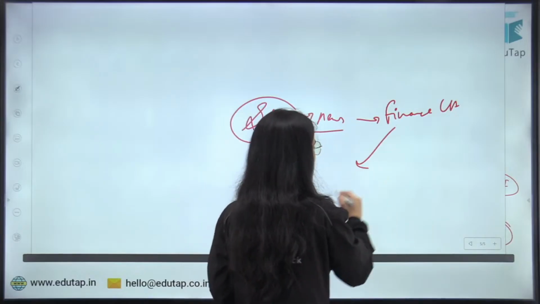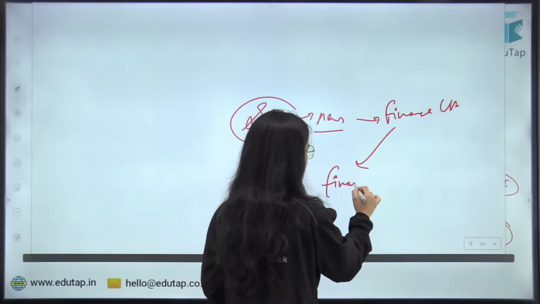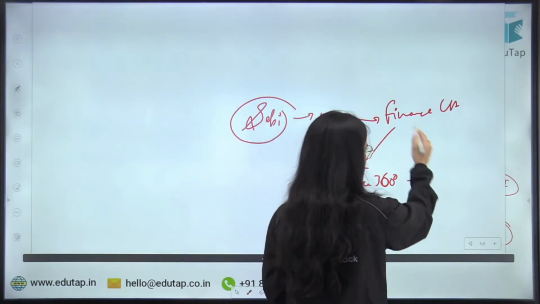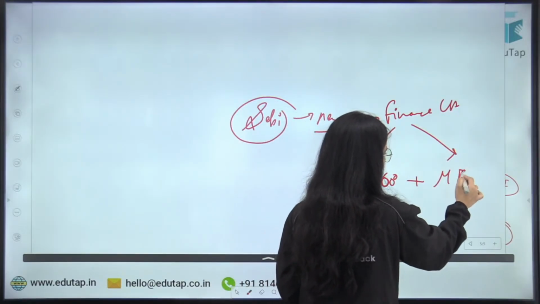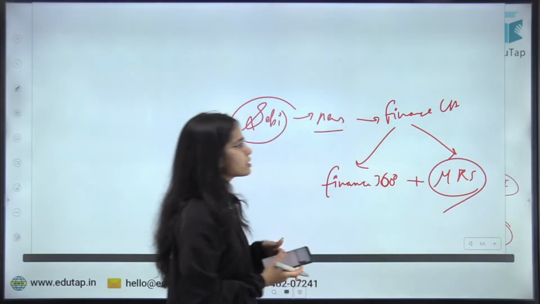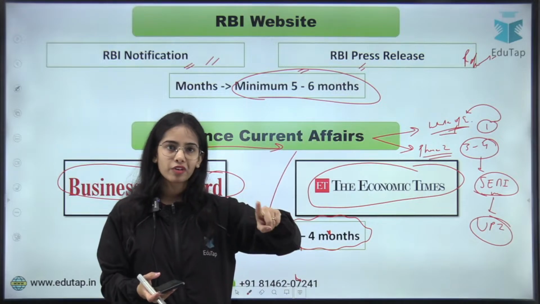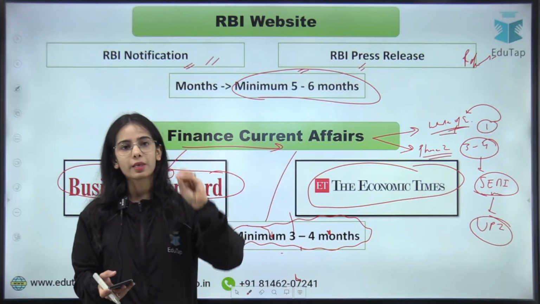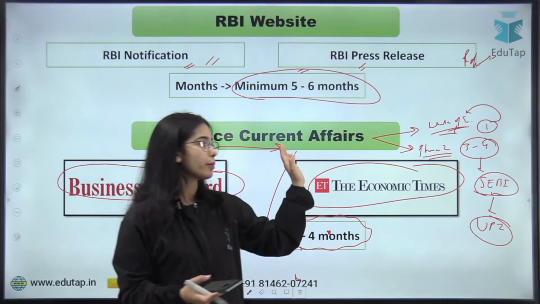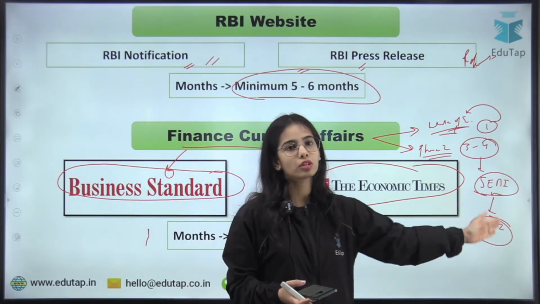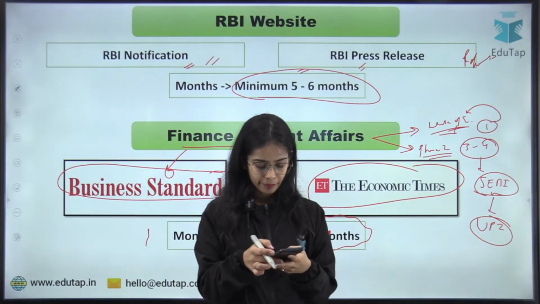Now finance current affairs is covered in Finance 360 degree, as well as in the monthly revision session. So yes, the SEBI website you do not have to cover, only the news articles of the SEBI that are in news, because either they are affecting the whole of the economy or they are related to the RBI.